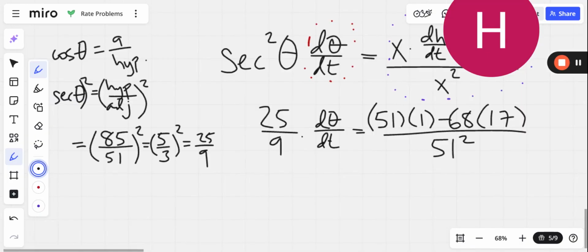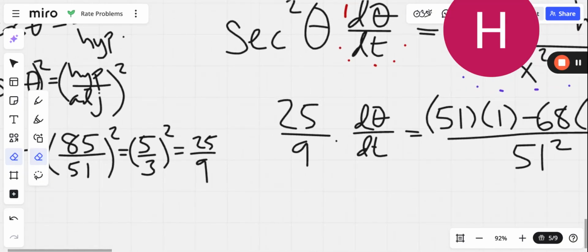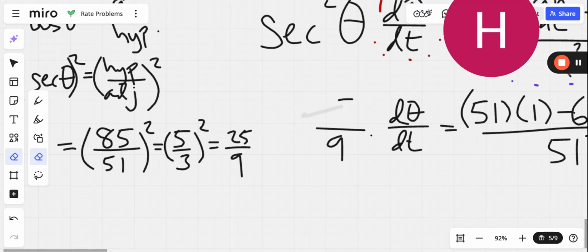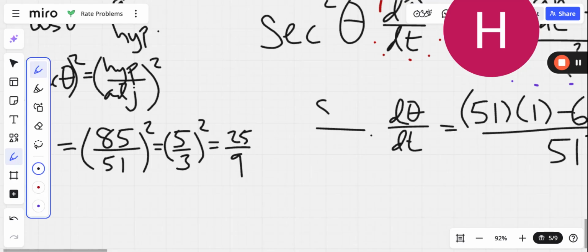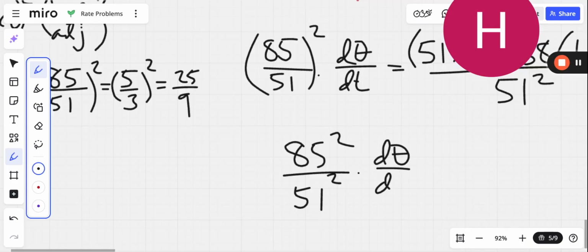So the really interesting thing that I would like to do to make this work a lot easier, it might look like a bit of a mess, is I would actually like to replace this back with 85 over 51 squared, which really is just 85 squared over 51 squared times d theta dt.